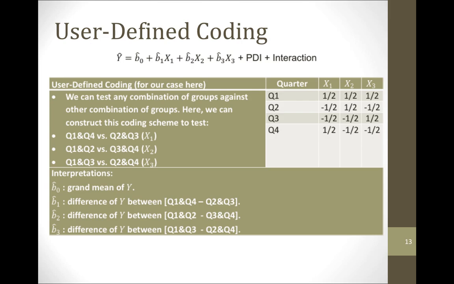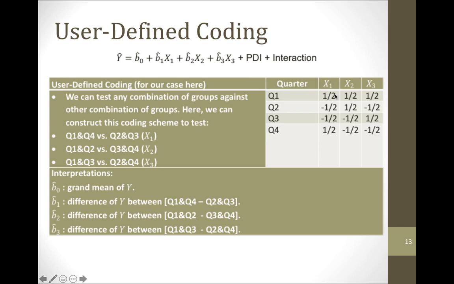In our case, we want to see Q1 and Q4 grouped together against Q2 and Q3 grouped together. In this user-defined coding, you can do that. Actually, the only coding scheme we want to use is just this X1. But in some other cases, you still want to see a pair against another pair.